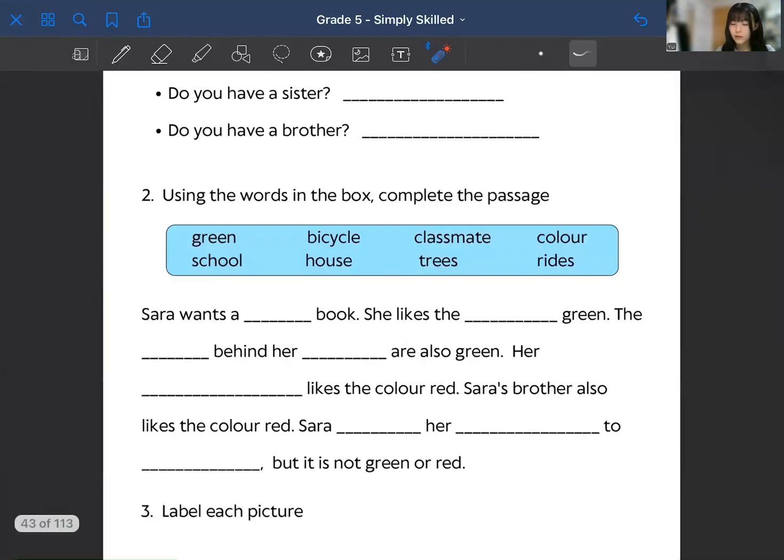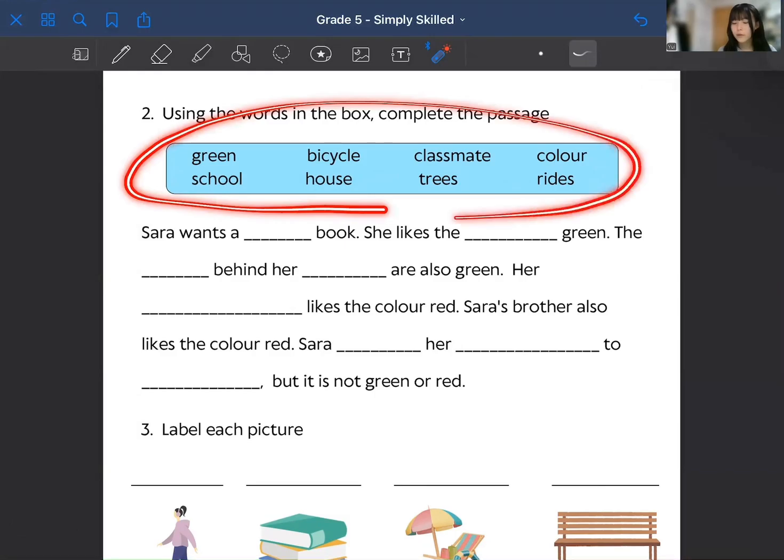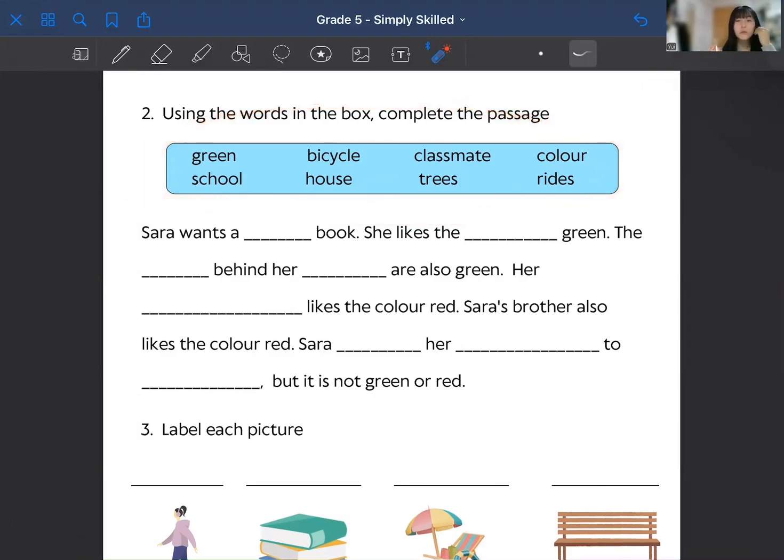Okay. Next one is using the words in the box, complete the passage. So there's the passage here, but some of the words are taken out, so we need to fill them in with some words from this blue box up here. So let's just do the first sentence together. It says, Sarah wants a blank book. So the word that fits in here would have to be a word that describes the book, which means it'll have to be an adjective.